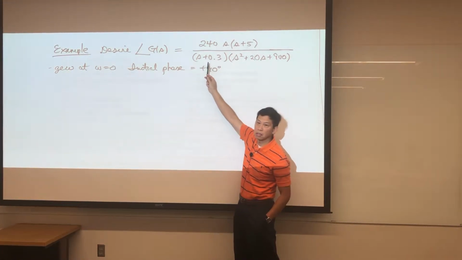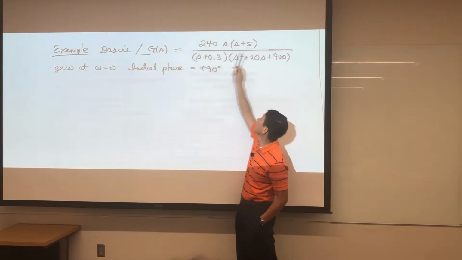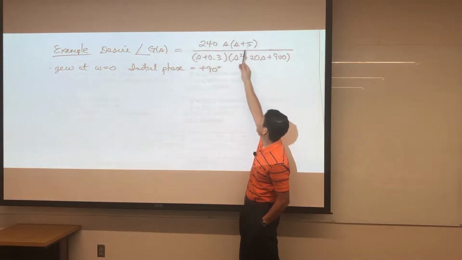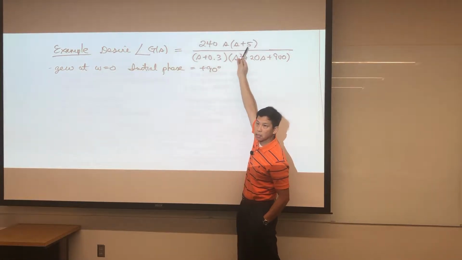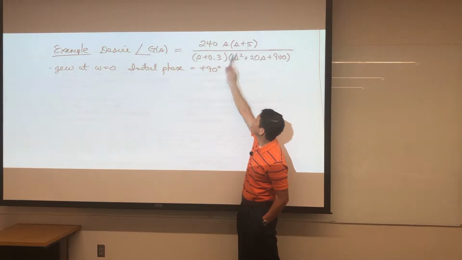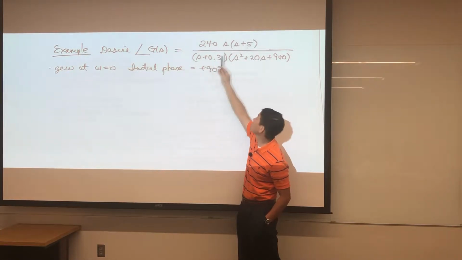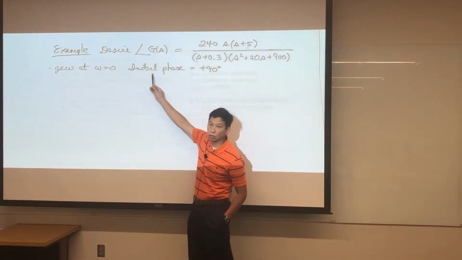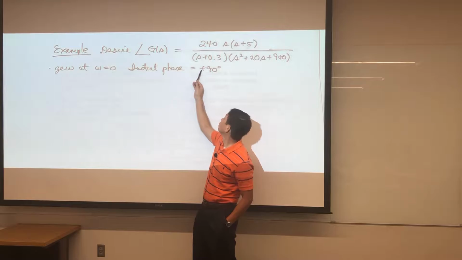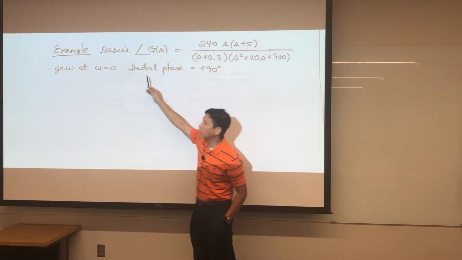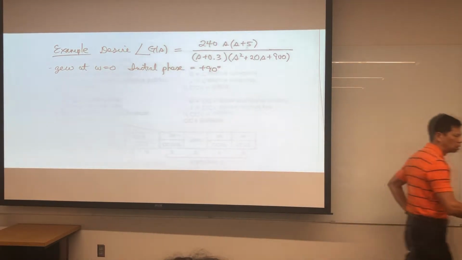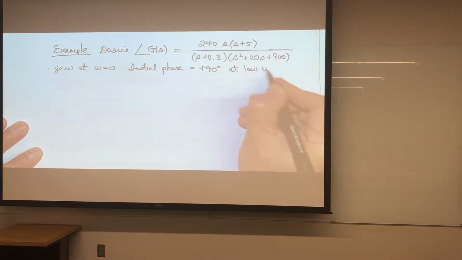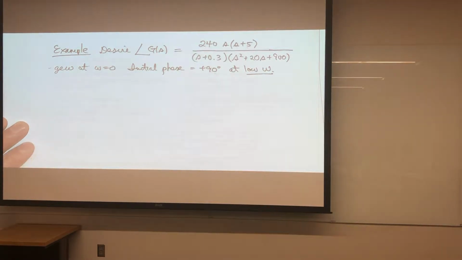This starts at 0 degrees and goes to negative 90 degrees. This starts at 0 degrees and goes to negative 180 degrees. This starts at 0 and goes to plus 90 degrees. So all the factors start at 0 except for this one. This one's always plus 90 degrees. So that's why I say the initial phase has to be equal to plus 90 degrees. When I say initial, I mean low frequency. At low omega, 90 degrees.